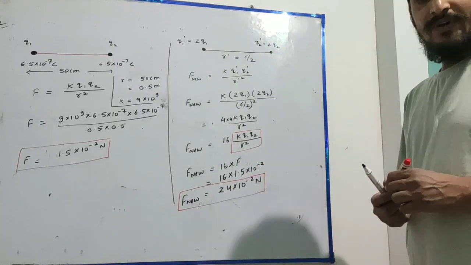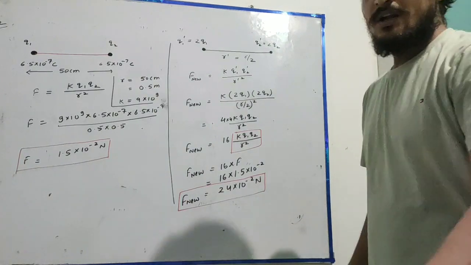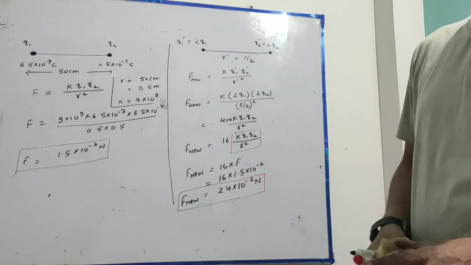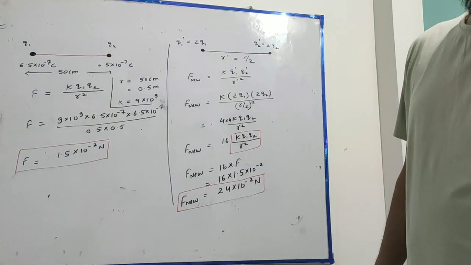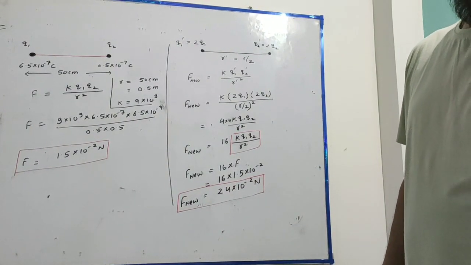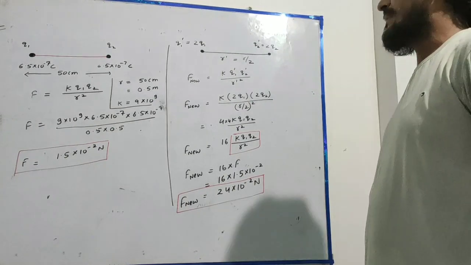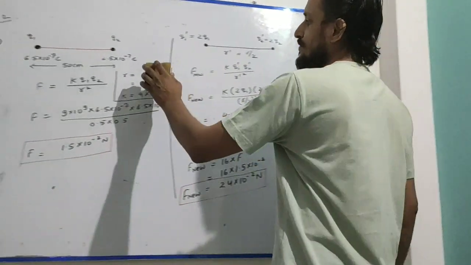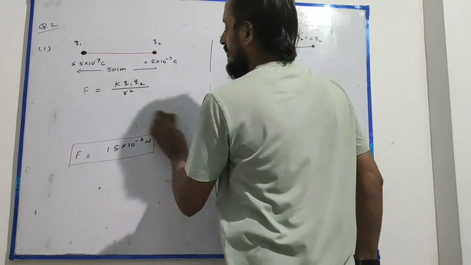Now we will discuss the third part of the question. According to the third part, what happens to the force if both the spheres are placed in water? So see the situation of the third part.